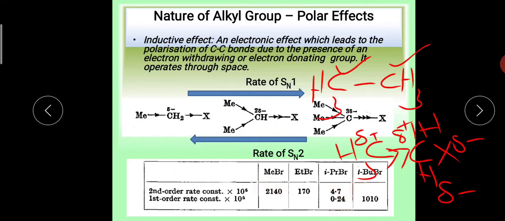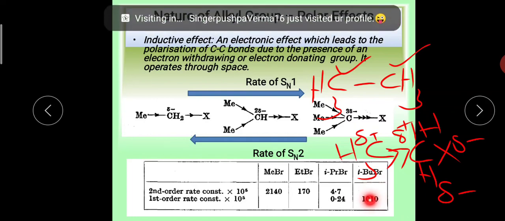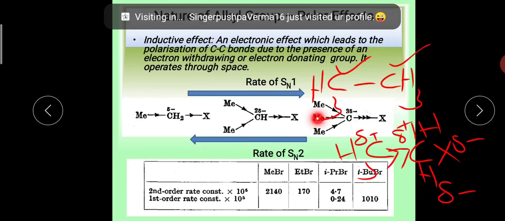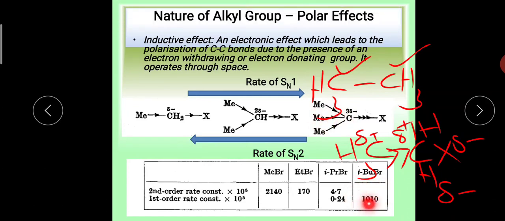Now, considering the rates of the reaction, since tertiary butyl bromide follows SN1 mechanism, the more methyl groups attached, the more stable a carbocation it would produce and the greater the rate of the reaction, and that is what is seen experimentally.